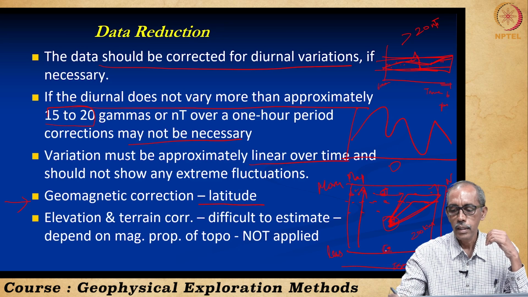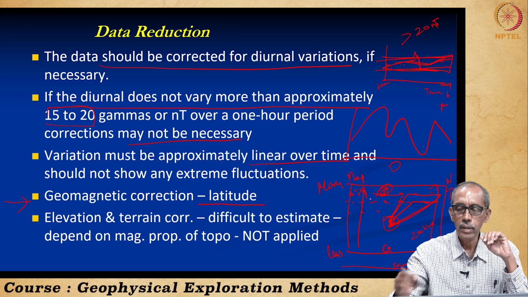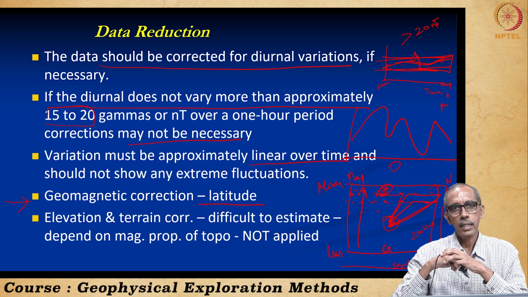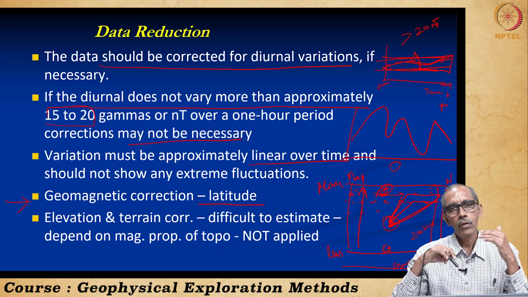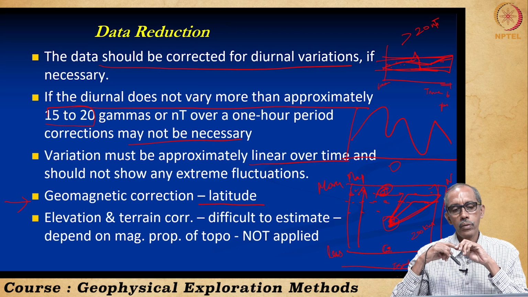Why? Because this place is very much away from the center of the earth in comparison with this location. So, we need to apply latitude correction too, right. How can we apply latitude correction? We know very well with respect to latitude how the magnetic field strength is going to vary. Using that, we will carry out the correction for latitude.